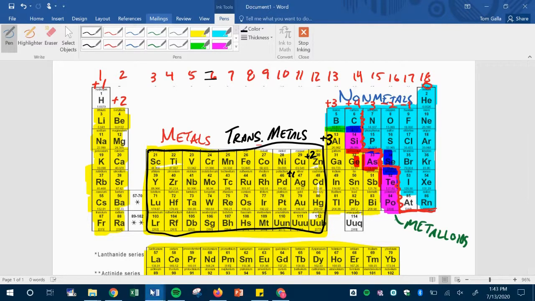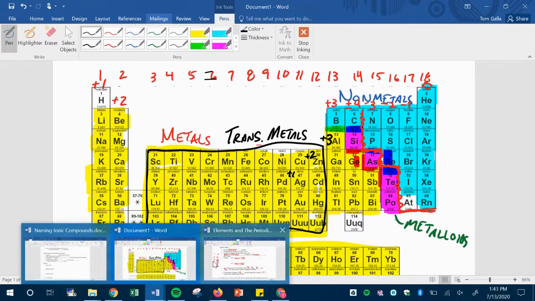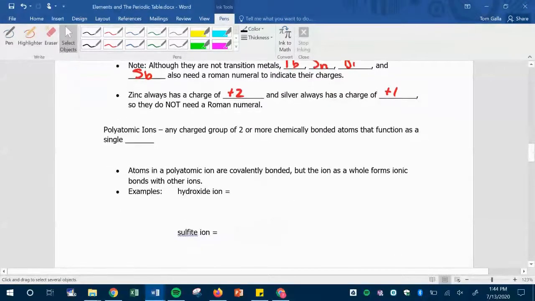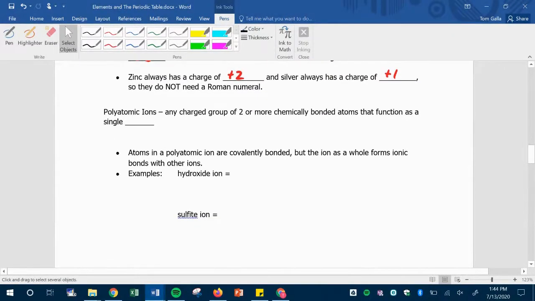Otherwise, let's talk about our last little group here in terms of naming. And these are the polyatomic ions. Polyatomic ions are any charged group of 2 or more chemically bonded atoms, but they function as just a single ion, meaning they're floating around bonded together.